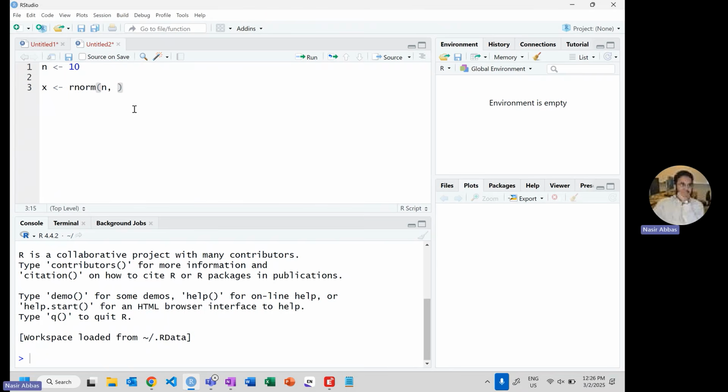And I will generate it from a normal distribution. I will fix the mean of the normal distribution to be 20, and the standard deviation I will fix to be 2. So this will generate 10 values from a normal distribution. Mean will be 20, standard deviation will be 2. And then I will compute X bar, which is the mean of this X.